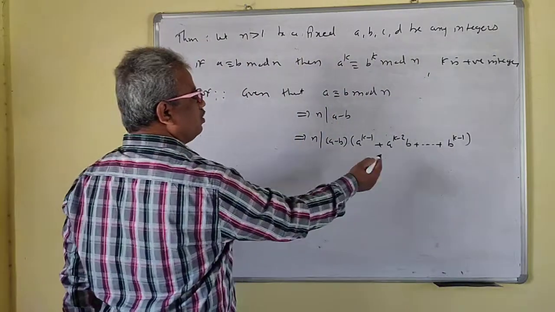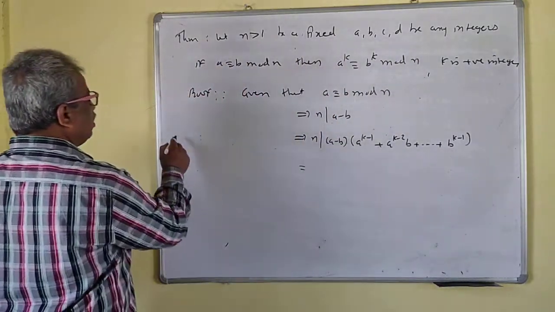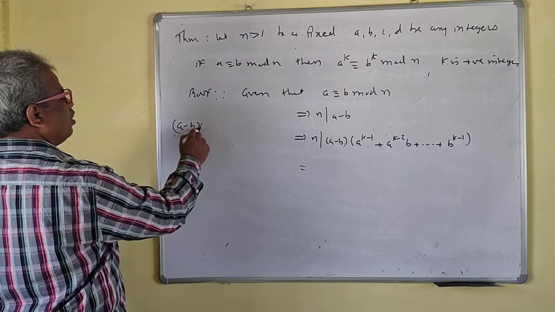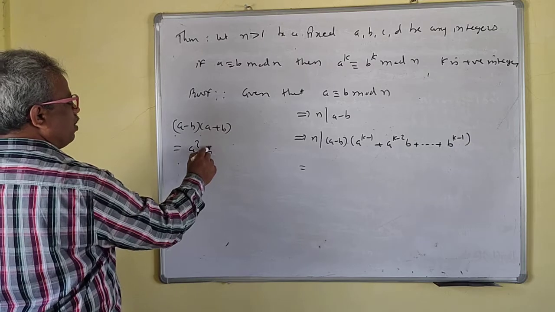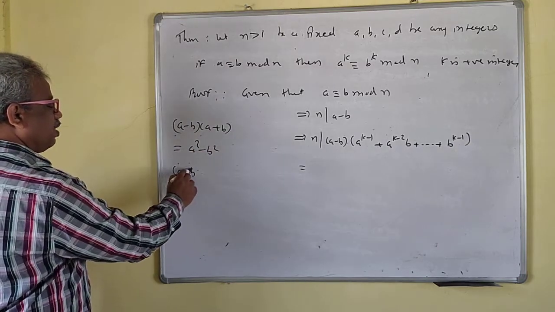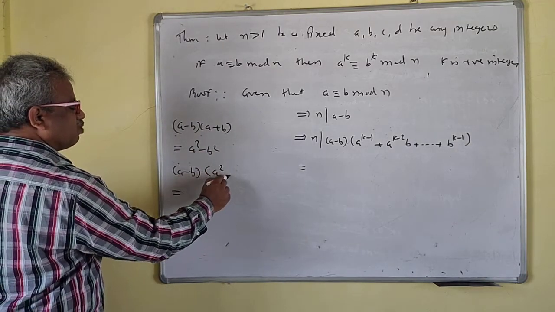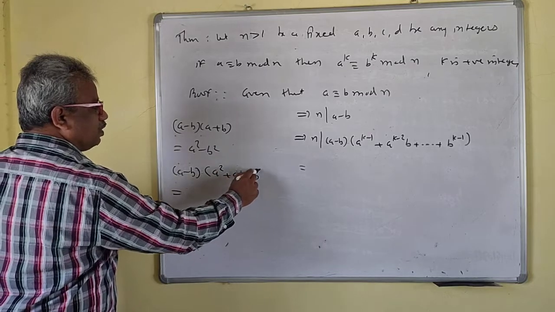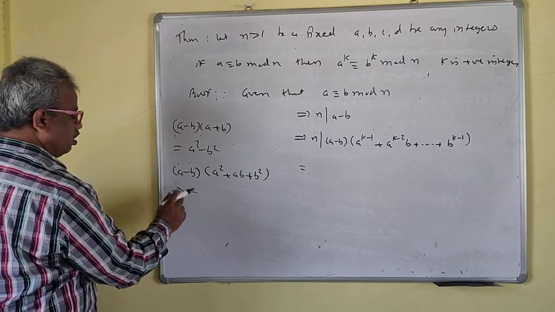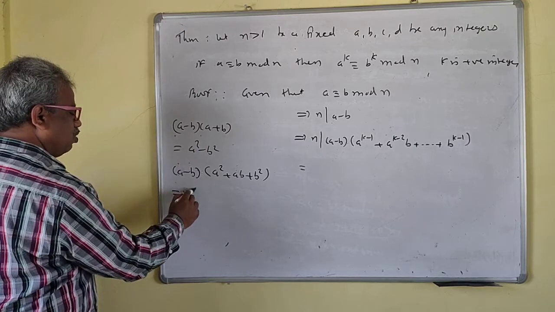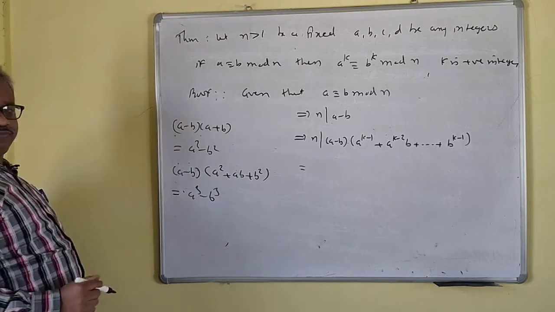You know that A minus B times A plus B is equal to A squared minus B squared. Then A minus B times A squared plus AB plus B squared is equal to A cubed minus B cubed.